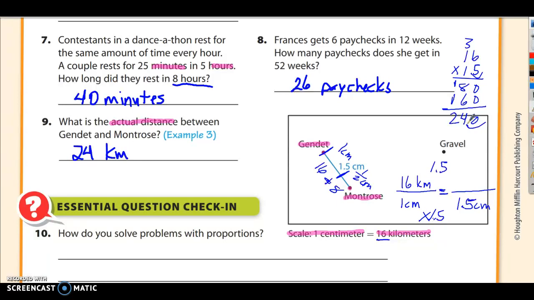All right, number 10 reads, how do you solve problems with proportions? So there's two different ways. The first step, though, is that you need to set it up as equivalent ratios.